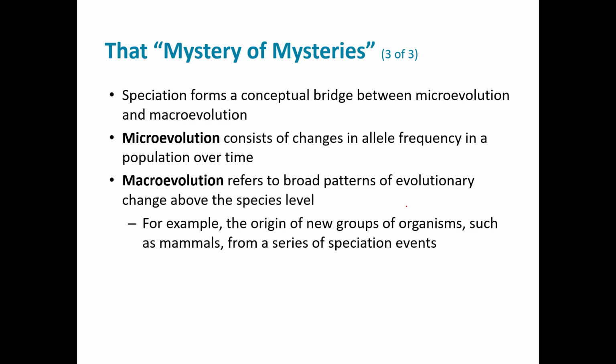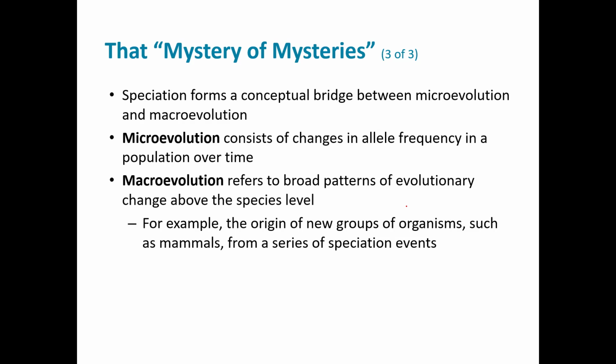So this is kind of a bridge. This idea of speciation is kind of between micro and macroevolution. Macroevolution is big-scale evolution. Microevolution is that evolution of populations. So microevolution is like the change in allele frequency over time. Macroevolution is kind of what we saw in the phylogeny chapter. Big, broad patterns of evolutionary change, usually above or sometimes at the species level.